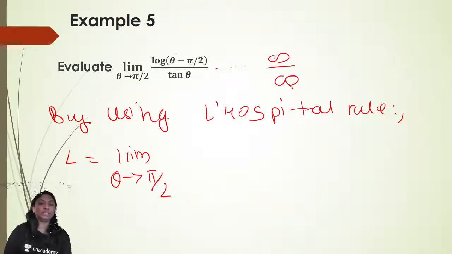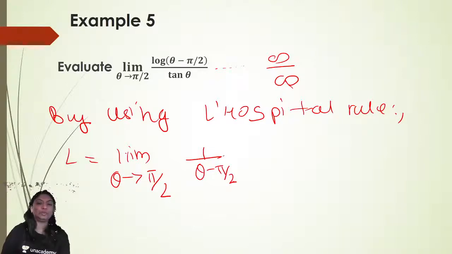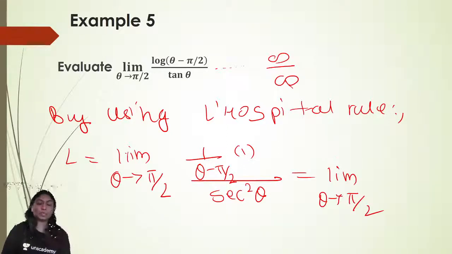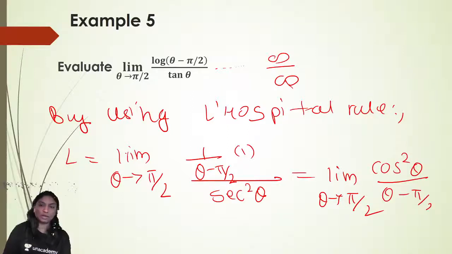Now differentiating with respect to theta, log of theta minus pi by 2 gives 1 upon theta minus pi by 2, and the derivative of tan theta is sec square theta. Now if you observe, it is nothing but limit as theta tends to pi by 2, 1 upon sec square theta, that is cos square theta upon theta minus pi by 2. Now put theta is equal to pi by 2. So cos square pi by 2 upon pi by 2 minus pi by 2, and you are getting 0 upon 0 form.